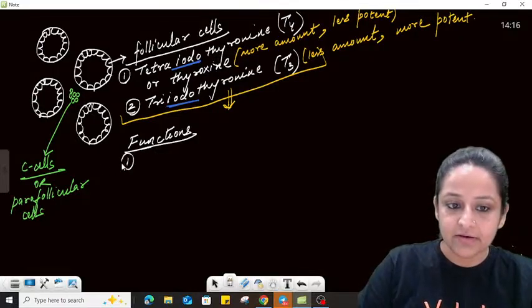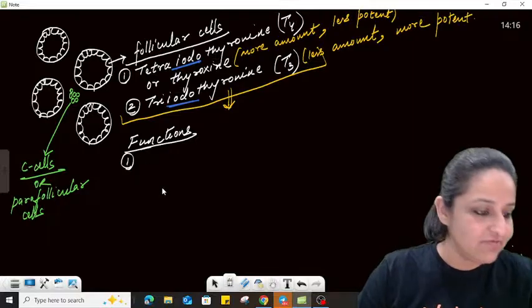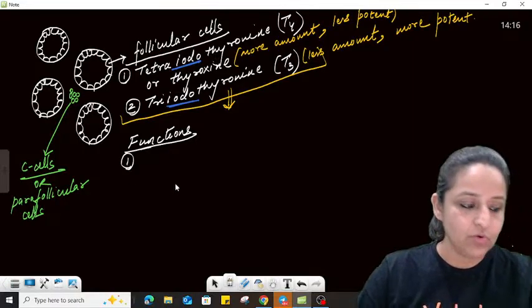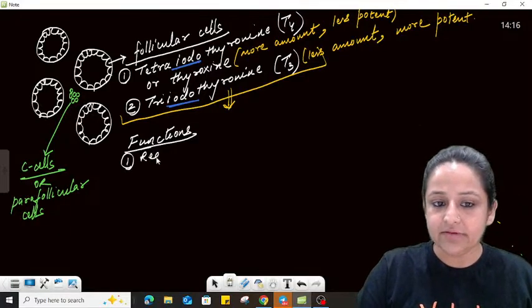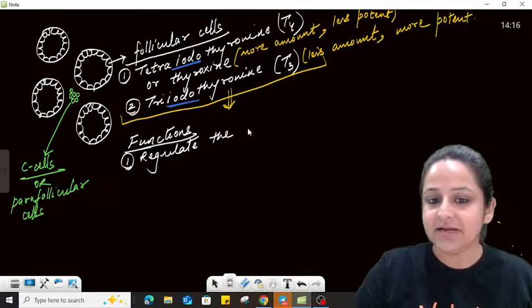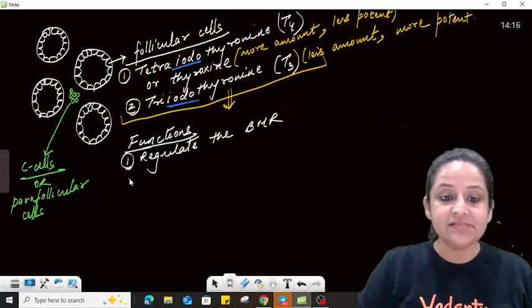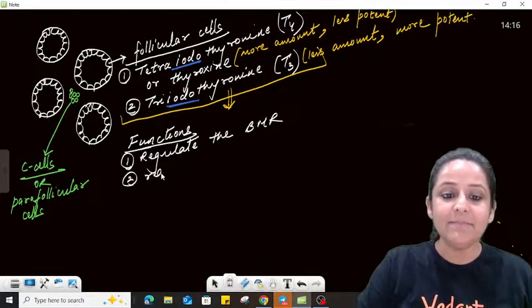Number one, T3 and T4 play a very important role. They are going to regulate the basal metabolic rate of the body, that is called BMR. Because they regulate the metabolism.